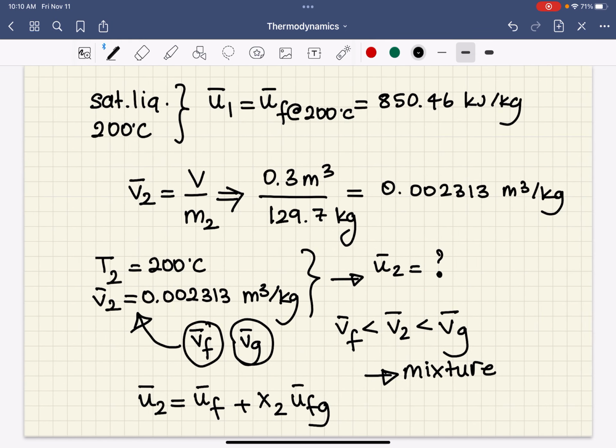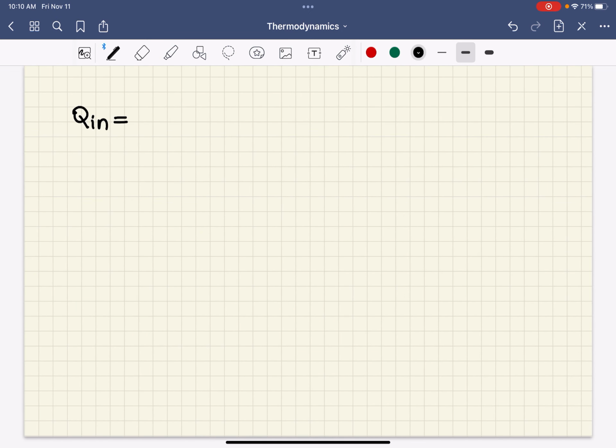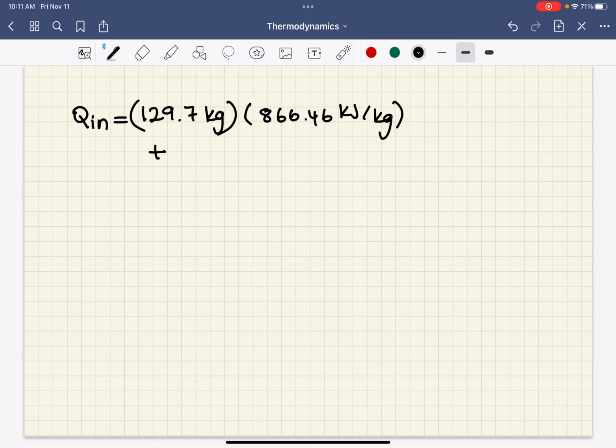M2 U2, right? M2 we have figured out. U2 we calculated using quality because it was a mixture, minus M1 U1.